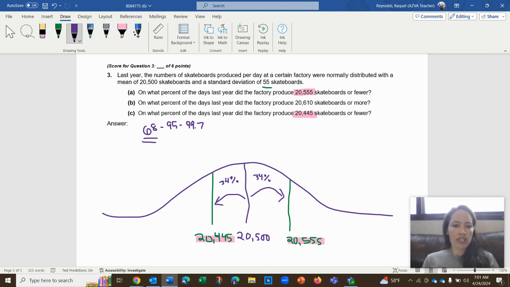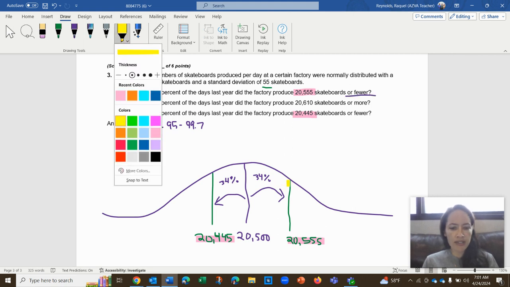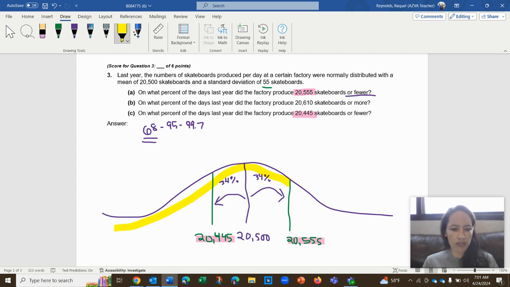Okay, so now let's read this next question. On what percent of the days last year did the factory produce 20,555 skateboards or fewer? Okay, wonderful. So what they're asking for here is the area under the curve to the left of 20,555. Well, that's good. We know that half of the data goes to here, 50% is on either side of the mean.